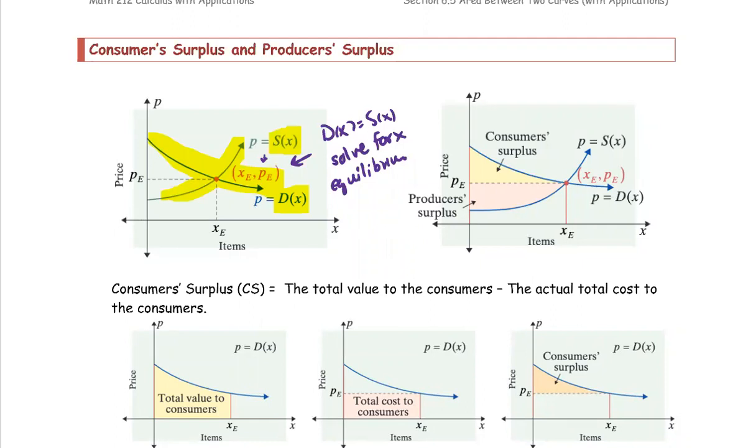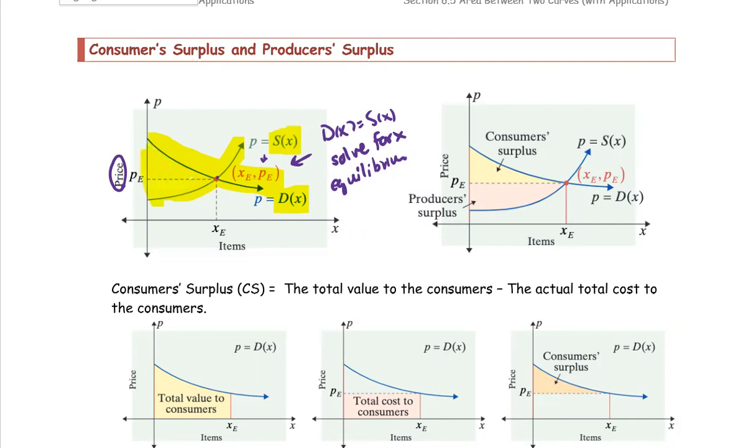The price that those two meet in between. So at the equilibrium point, this is the price that both the consumer and the producer are happy with. We're gonna draw the line y equals the price that occurs at the equilibrium point. And then the area between the demand and supply curve is the entire area here, right?